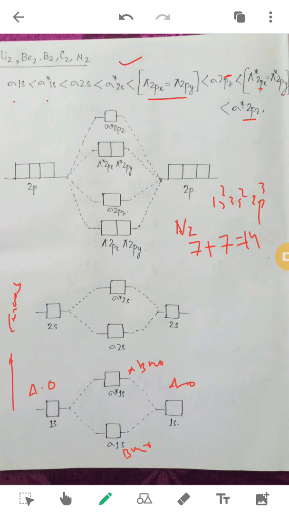This is the lowest, so it will get 2 over here. Done, 2. Next, 3, 4, 5, 6, 7, 8, 9, 10.